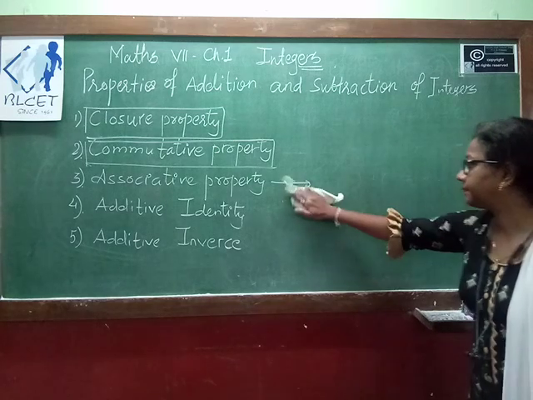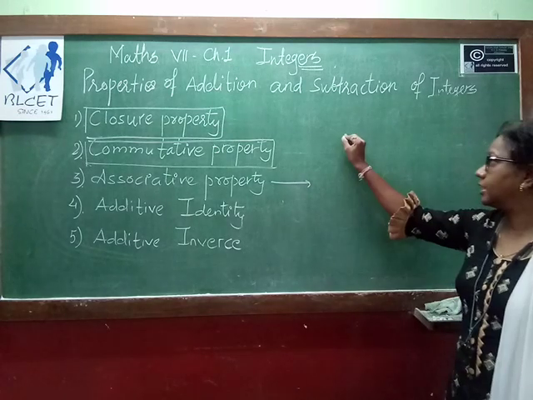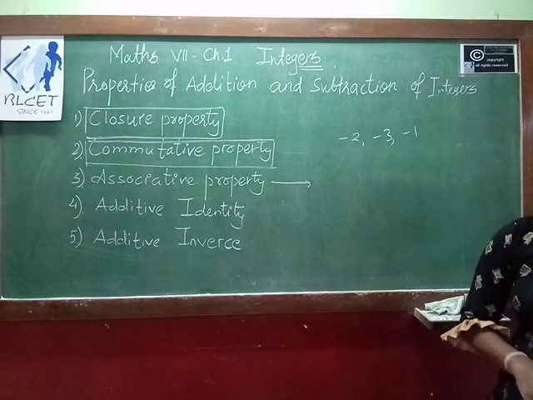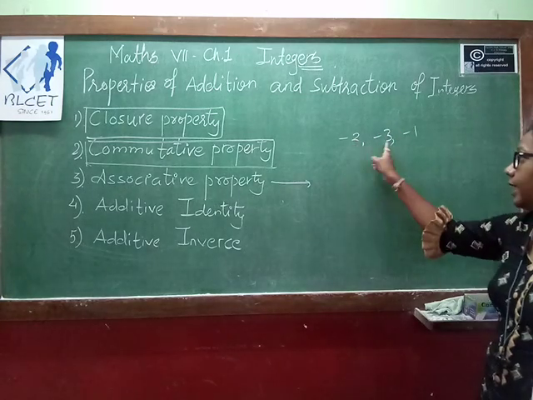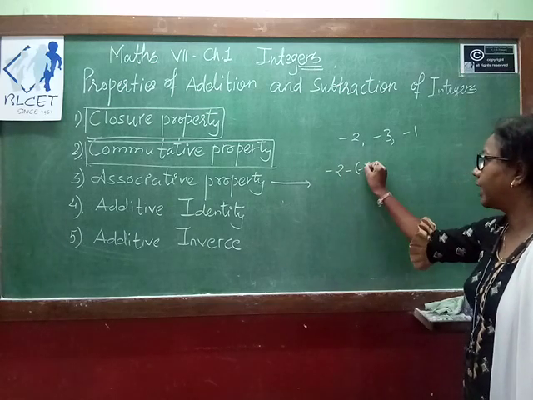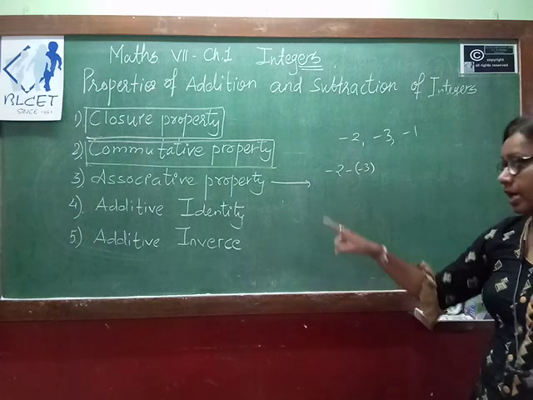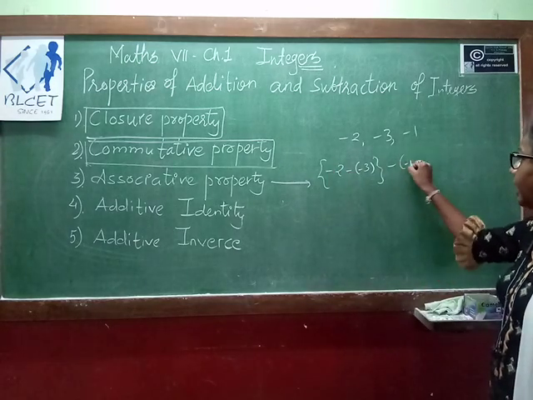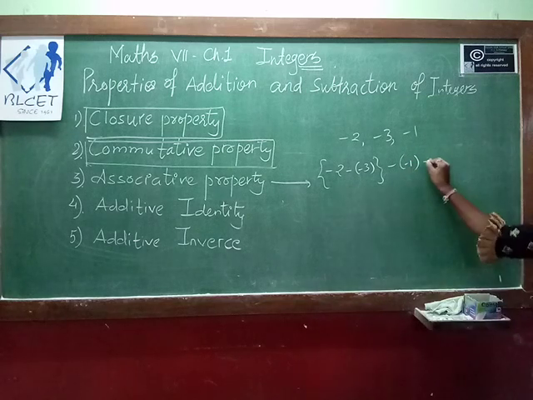Let's see. Consider -2, -3, -1. These are the three integers. First I group these two numbers: (-2 minus -3) minus -1, which we want to check whether it is equal to -2 minus (-3 minus -1). We are taking subtraction, so always your middle sign is subtraction.